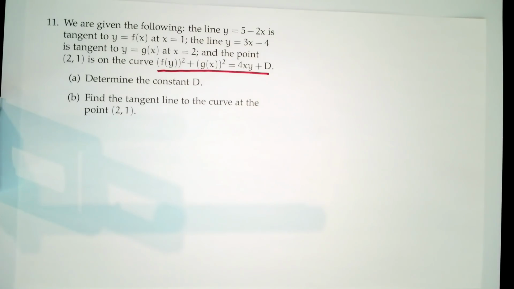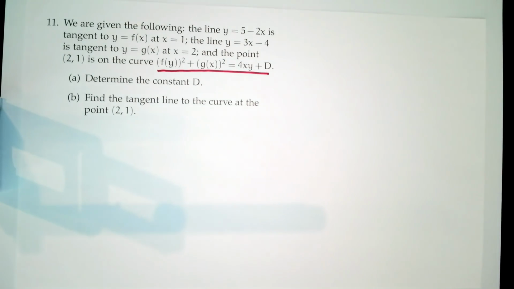It's not explicit. It's implicit. Where we have a relationship between x and y, but there's no way we could solve for x and y. We just don't have enough information. I can't solve for y equals. I can't solve for x equals. So this is a question about implicit differentiation.